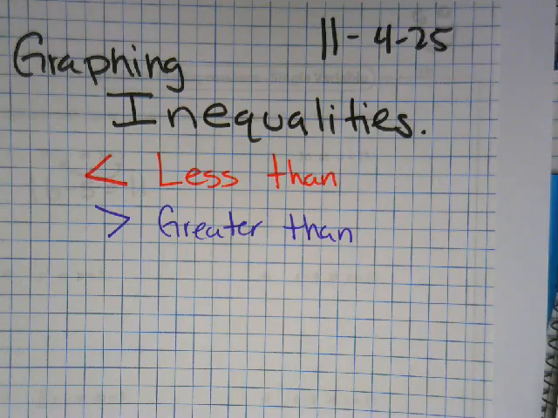Okay, so the way I showed them, it's like, here's how you're going to remember this for the rest of your life. Which one looks like an L for less than? Which one starts in the same direction as a regular L? Less than.